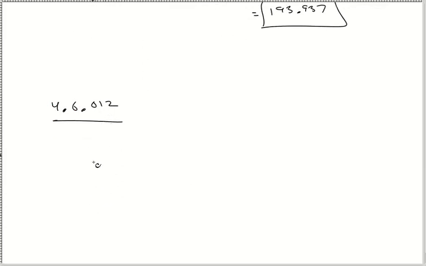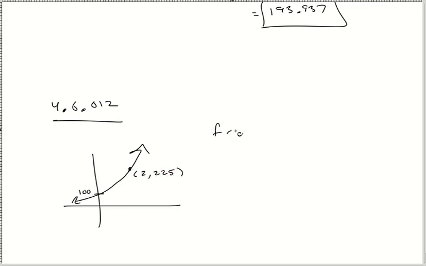So 4.6.12 is actually a very particular problem. It has this exponential growth going on here. It starts at 100. There's another point here at 2, 225. I call this one the frog problem.